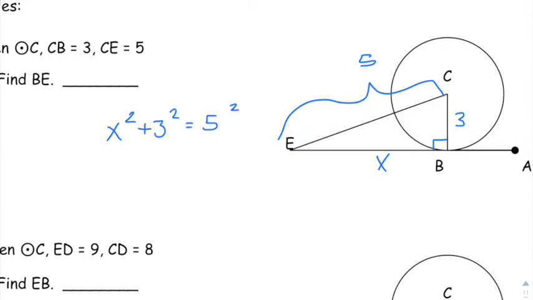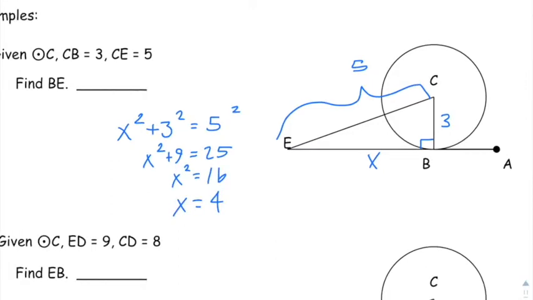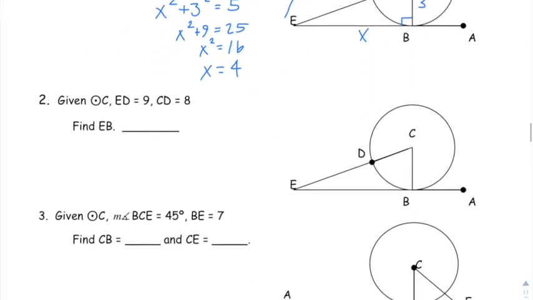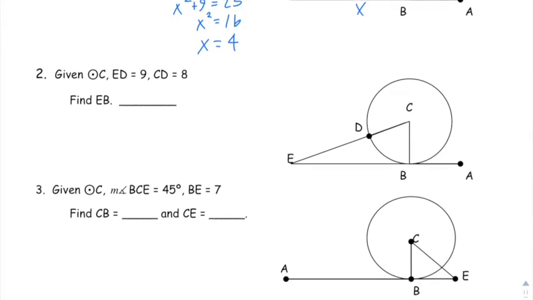Some of you might know that as a 3, 4, 5 triangle, so you might speed that up a little bit. That's fine. So you do get X is 4. That's pretty straightforward. So when you have tangent lines, we'll use the Pythagorean theorem quite a bit, since you're going to have right triangles in this case.